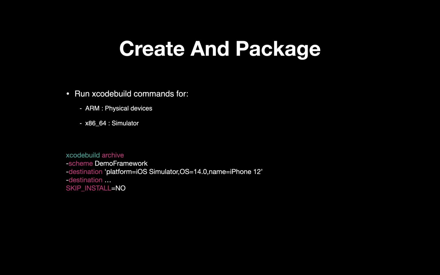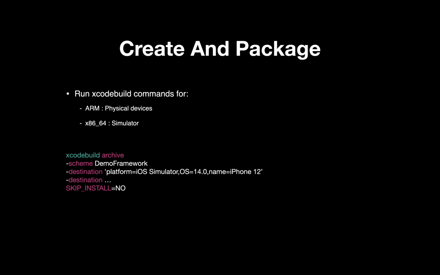When running archive command, you will have to give a scheme and a destination or a set of destinations, wherein you will once give iOS simulator, and next time you will give the iOS device, and then there will be an argument called skip install. That skip install tells the xcodebuild archive command not to install the framework in the resulting archive.